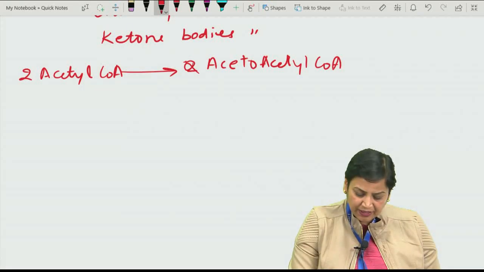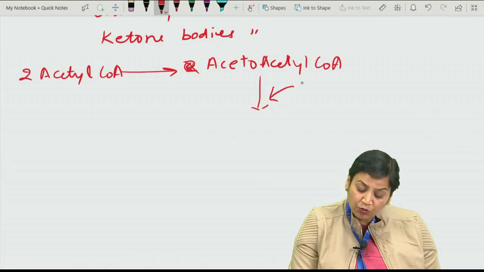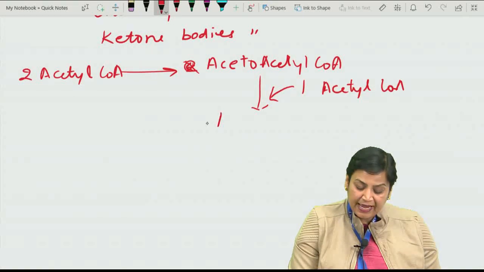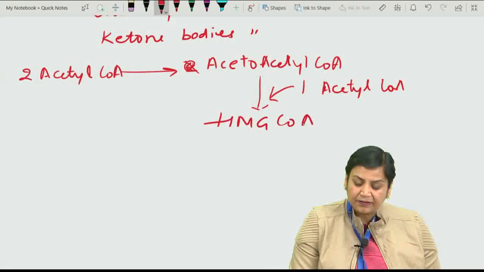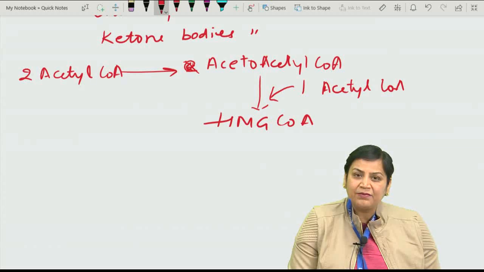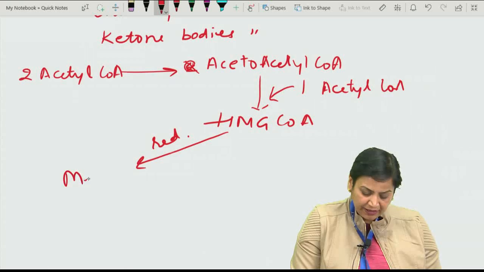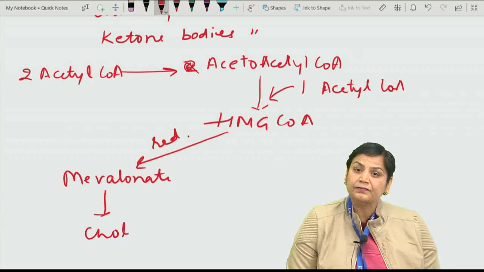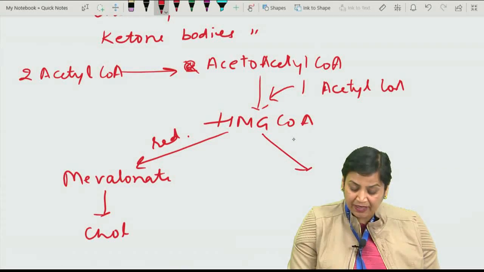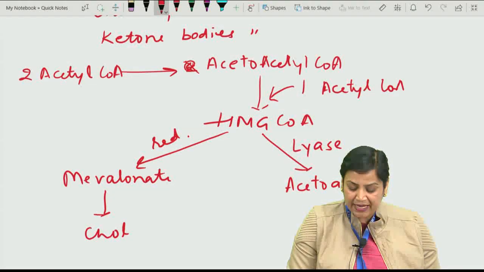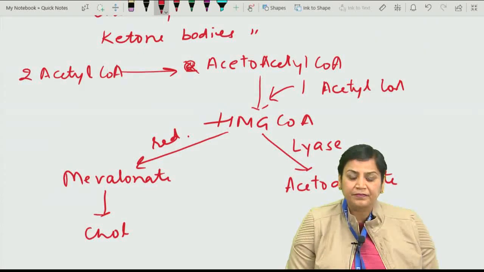This acetoacetyl-CoA then combines with one more molecule of acetyl-CoA, forming HMG-CoA. If this HMG-CoA undergoes reduction, it forms mevalonate, which leads to the formation of cholesterol. If it undergoes splitting in the presence of lyase enzyme, it forms the first ketone body, which is acetoacetate. Then automatically the rest of the two ketone bodies are produced.